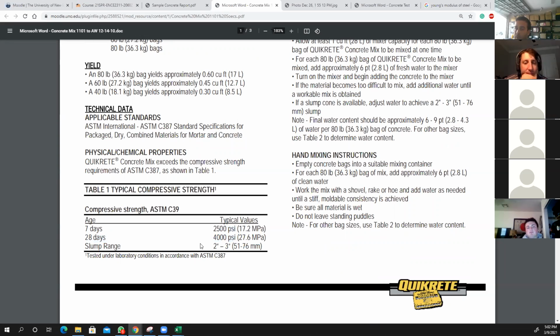We usually go beyond this number, but I don't know the data points that I'm going to give you guys. I'll have to check the numbers, but it should be beyond 4000 PSI. So you should compare these numbers at the end of your report in the discussion and conclusion part, why our number was different, etc. And slump range is 2 to 3 inch. I believe our slump was more than 2-3 inch at the beginning, and then we adjusted to 2.50, 2.75.